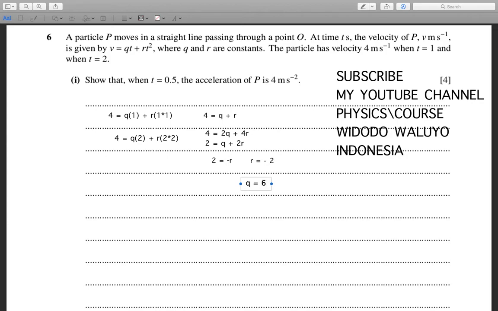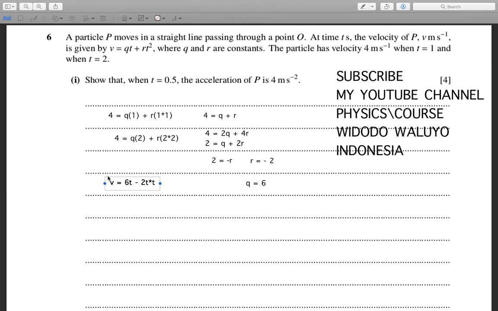Okay, finally we get the equation of v in terms of t. Q is 6, so 6t, plus r is minus 2, so minus 2t squared. Let's write it like that, because I cannot write the square one.